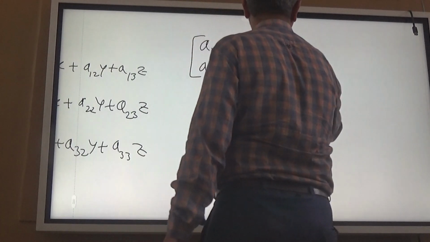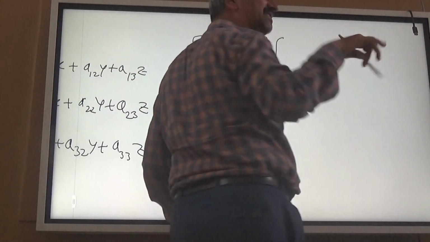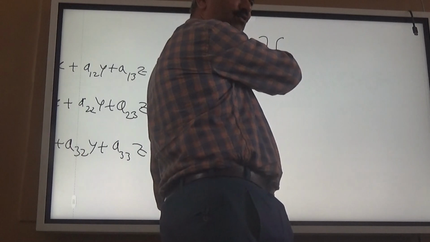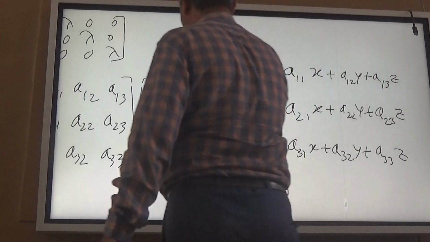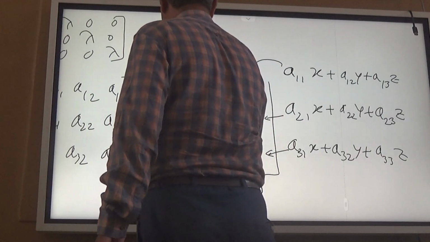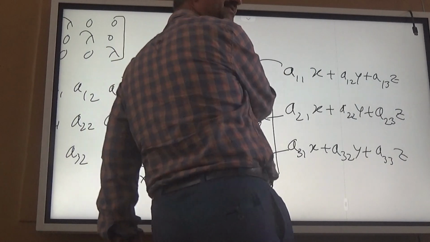This is X. When we say X, we don't write X, Y, Z. We say matrix X. So we write X1, X2. We make a small change. It's not wrong, but to be very precise, we should write X1, X2, X3 instead of X, Y, Z, because we write vector X, right?